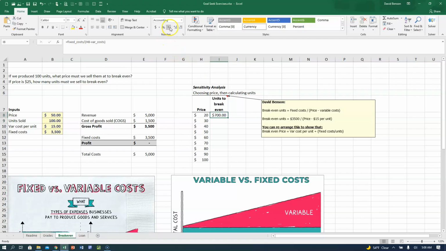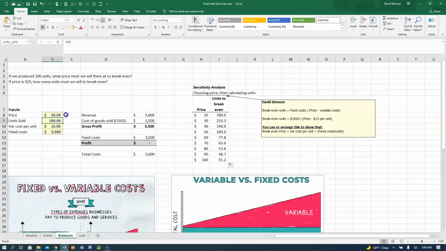I'll hit the comma and go down to, I'll just leave it at one decimal place. So at $50, this says I need to sell 100 units, just like we calculated here. At $40, I need to sell 140 units, and so on.